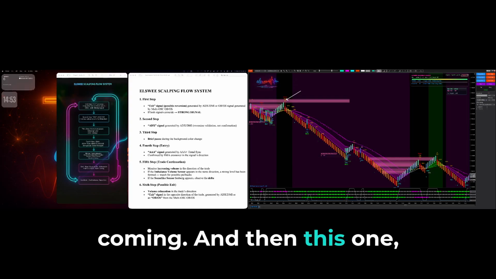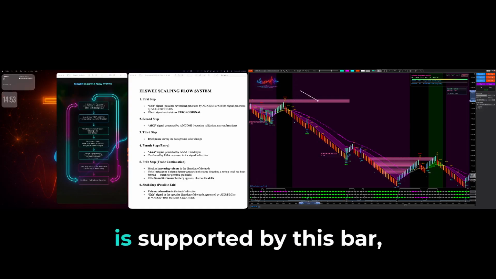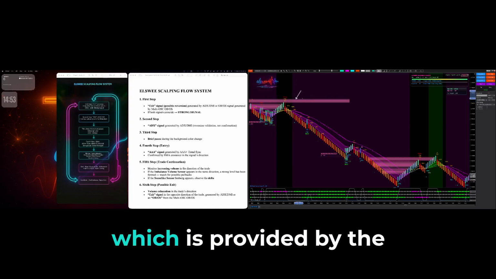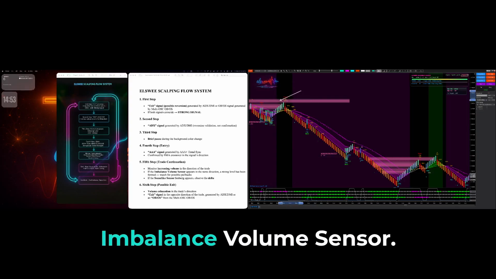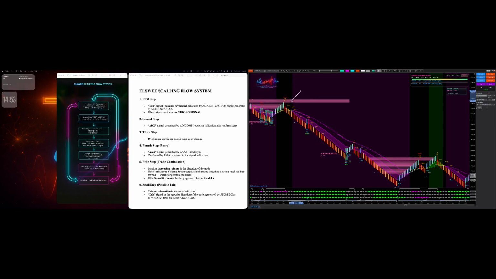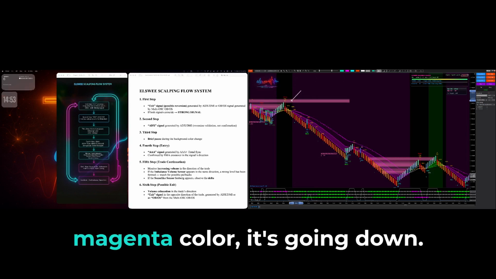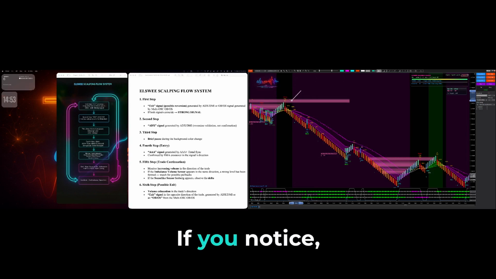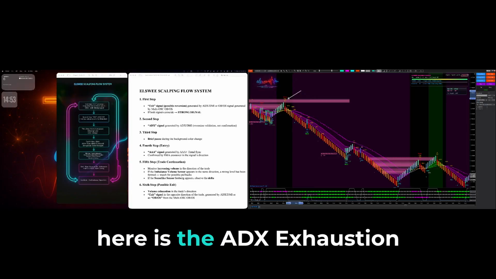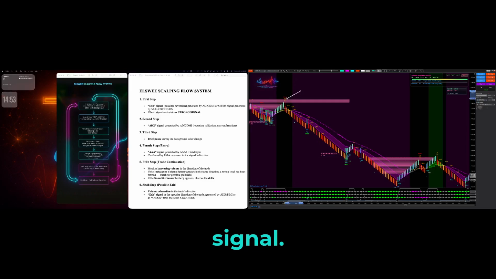And then this one in particular is supported by this bar, which is provided by the imbalance volume sensor. When it's this magenta color, it's going down. If you notice, here is the ADX exhaustion signal.